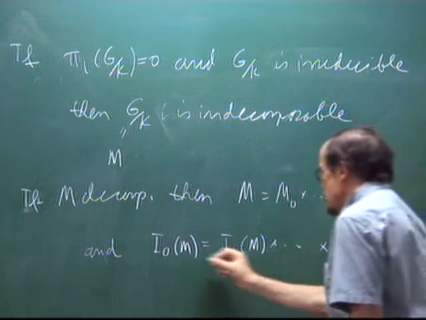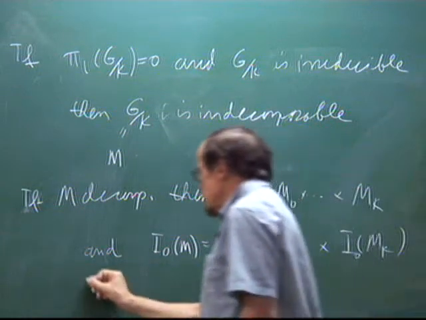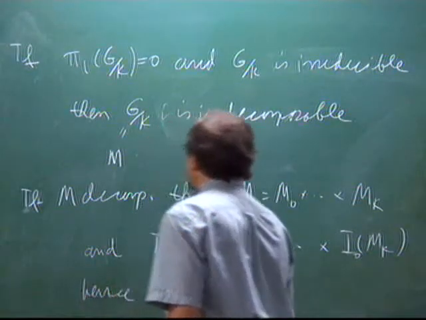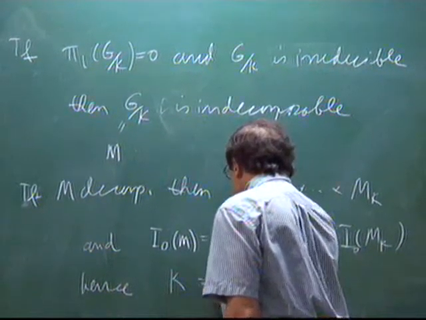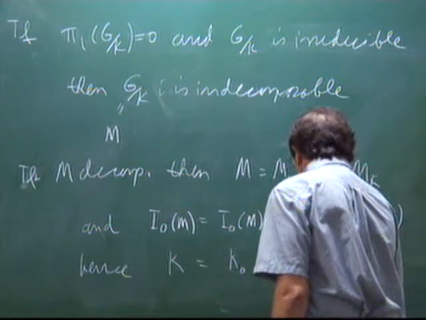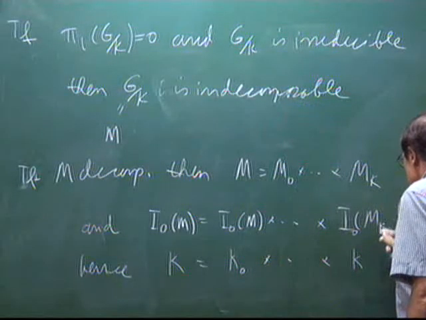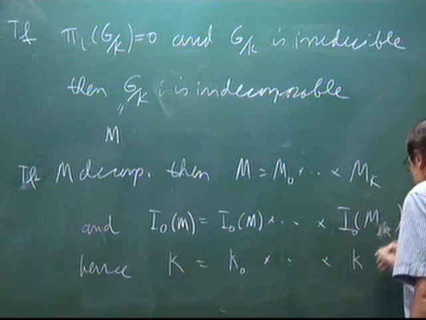The identity component of the isometry group splits, and hence K also splits.